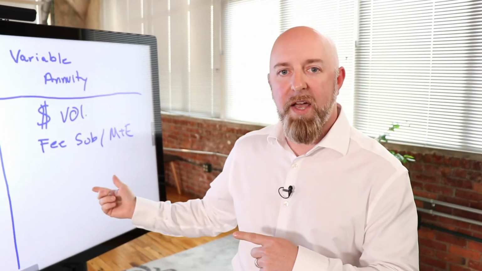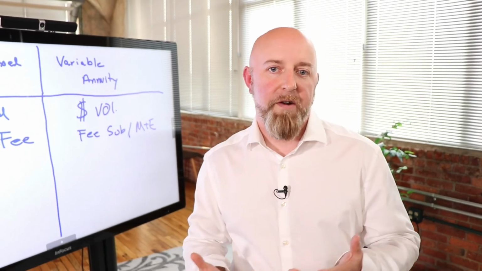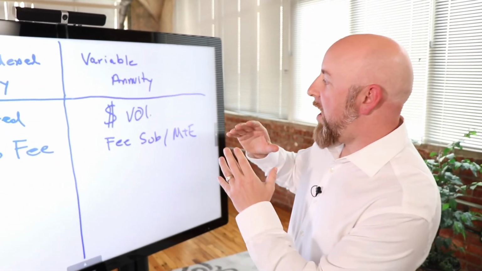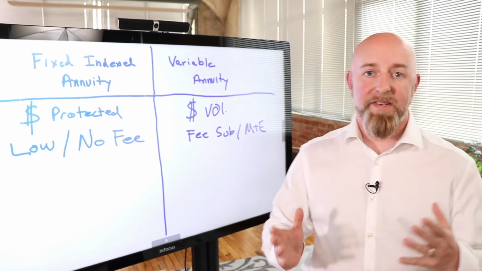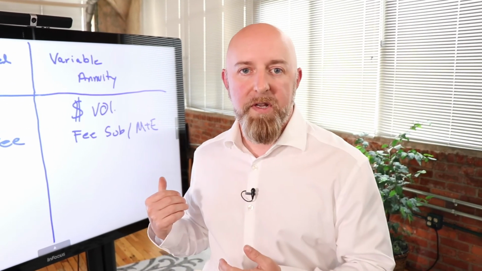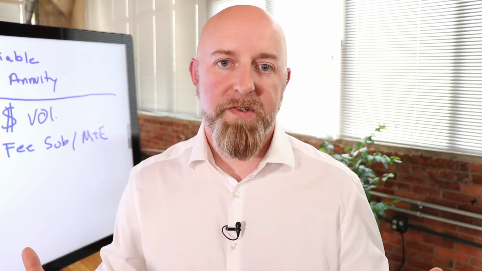In contrast to that, some of the variable annuities have some really fancy riders and features that can be attached to them. So if you want income and you want to be able to leave a nice death benefit to your family, there are some variable annuities out there that allow me to take an income stream for the rest of my life.